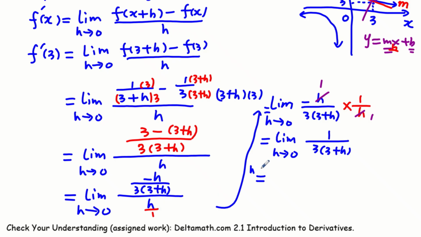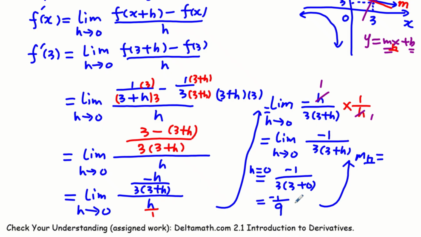So h equals 0, sub in, we have negative 1 over 3 bracket 3 plus 0, which is negative 1 over 9. Then the slope of the normal will be the negative flip, which is positive 9 over 1. So this is the slope of the normal.